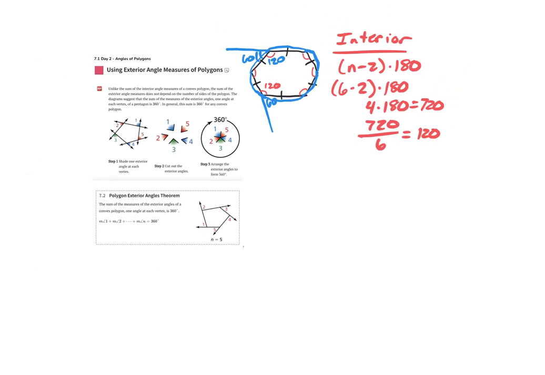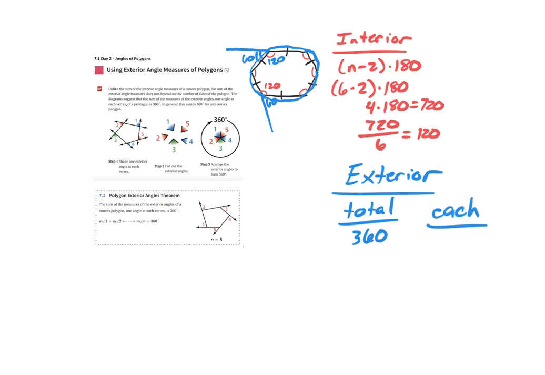So one of the biggest things that I will tell you here is for exterior, the total of this is 360, but each angle on the outside was 60 degrees for that six-sided figure, okay?